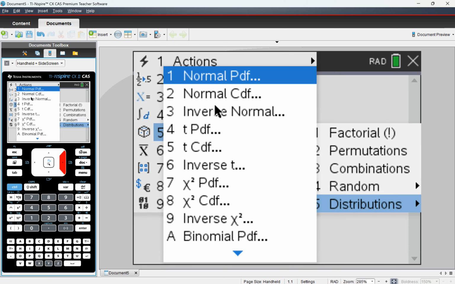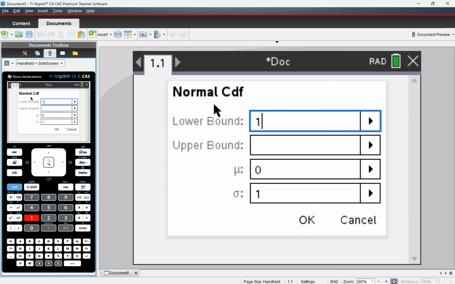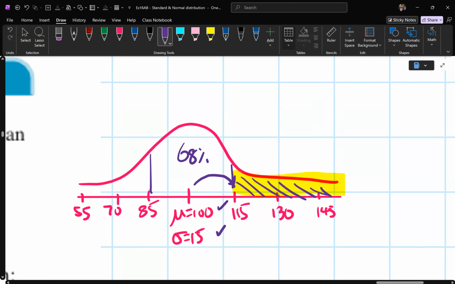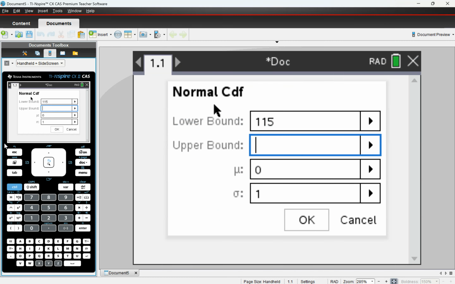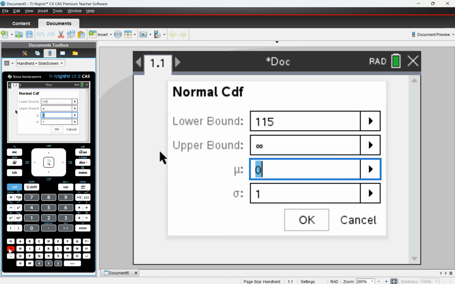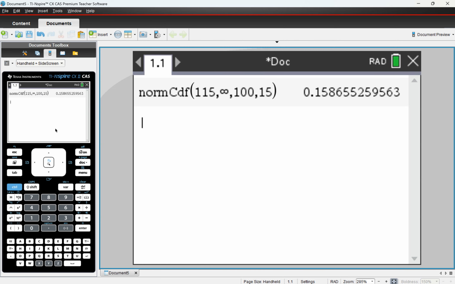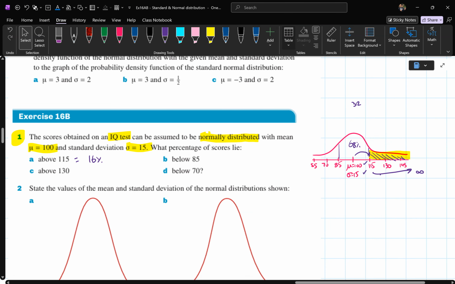So menu 5, 5, and then normal CDF, which is number 2. We want 115, and we want to go all the way in this direction, so it's to infinity, to the right. The infinity button is where the pi button is. Remember the mean was 100 and standard deviation was 15. And there you go, that's the proper answer. It's 0.15865. Usually they should say round to 4 decimal places.